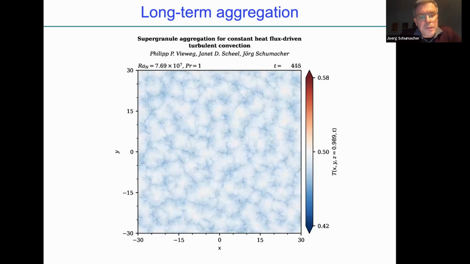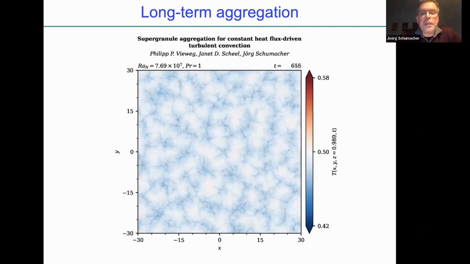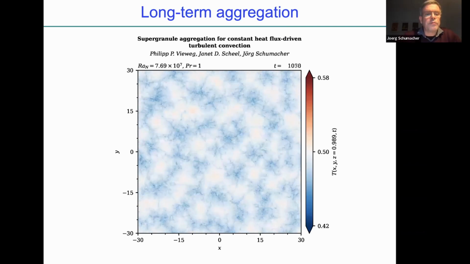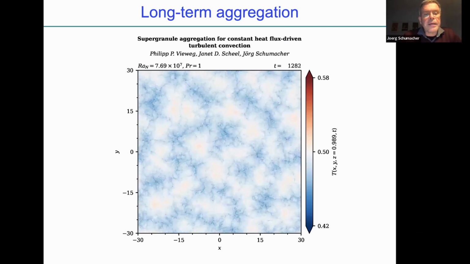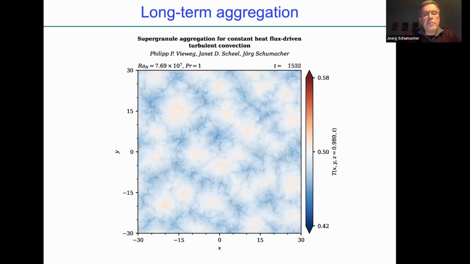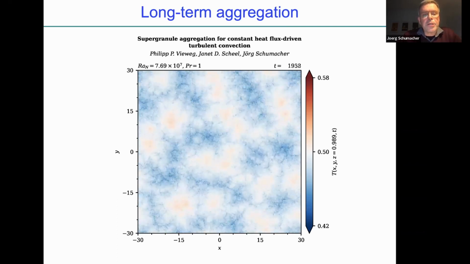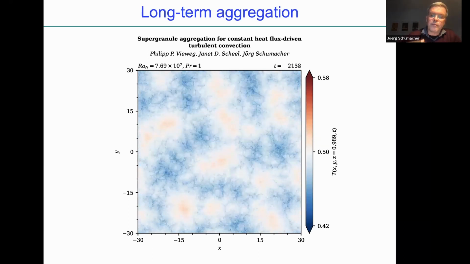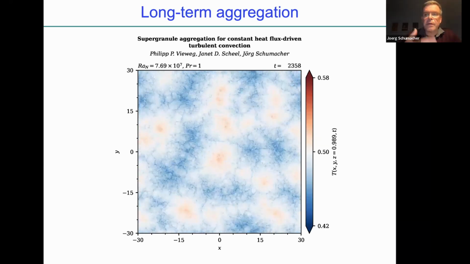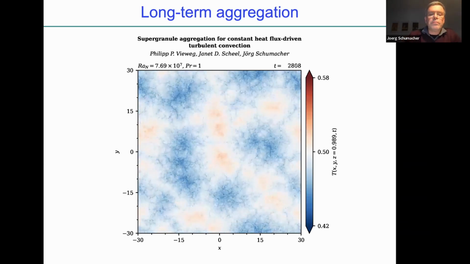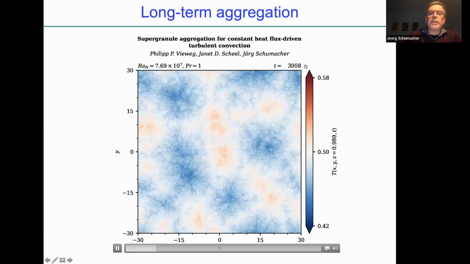The simulations typically start with the equilibrium conditions. So the fluid is at rest and the temperature profile is perturbed slightly. And then you see how the system goes through an ongoing aggregation process. So from the typical roll patterns, the structures are getting bigger and bigger and bigger. And please take a look at the time scales here.